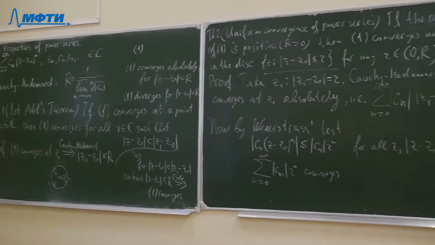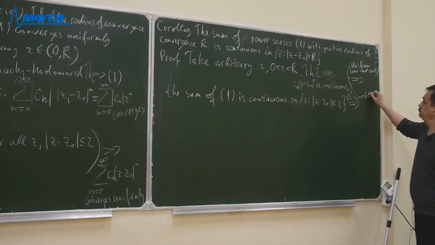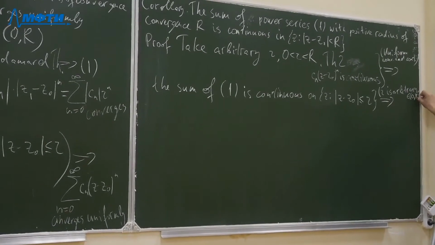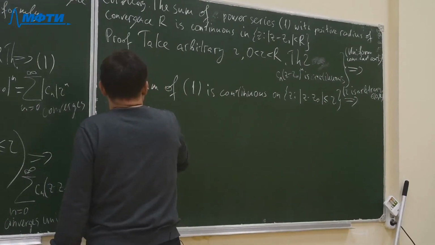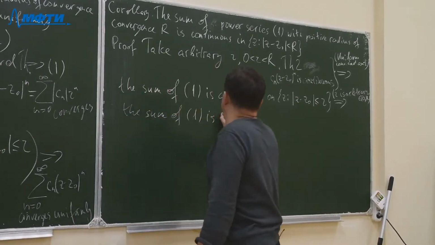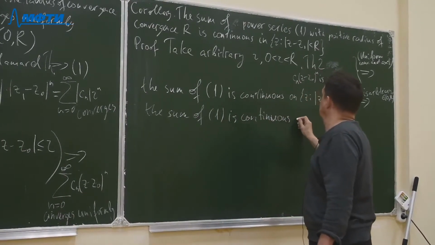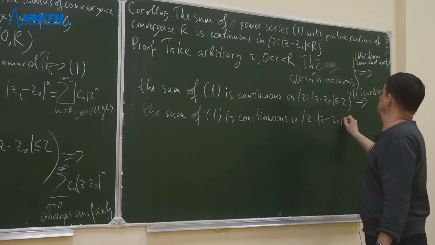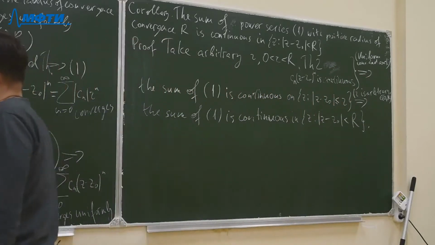So, because r is arbitrary in 0, capital R, we deduce that the sum of 1 is continuous in the open disk now. And that's all.